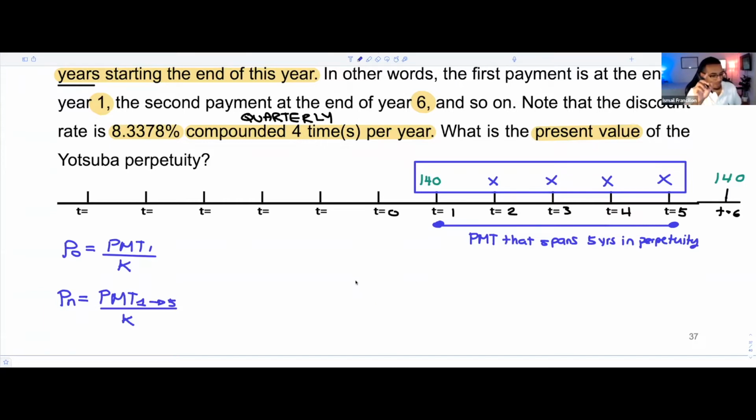But when we do have payments that span multiple years, we have something to do. And that something to do is to adjust our annual rate to something that actually covers the entire period of our little grouping, okay? Think about it.